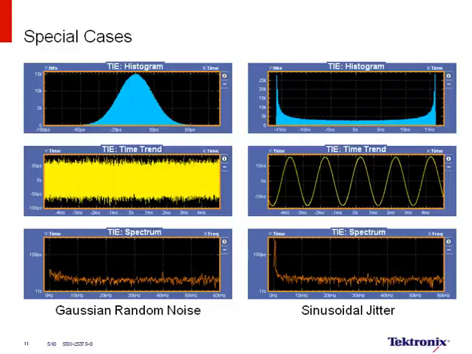In the middle row is what's known as a time trend plot. The vertical scale of the time trend plot is the jitter parameter. This could be TIE, period, frequency. The horizontal scale is time. So on the left, in the TIE time trend, you see what random jitter looks like in a time trend. It's spread and distributed evenly across time.